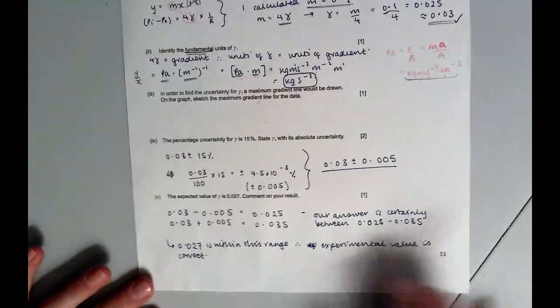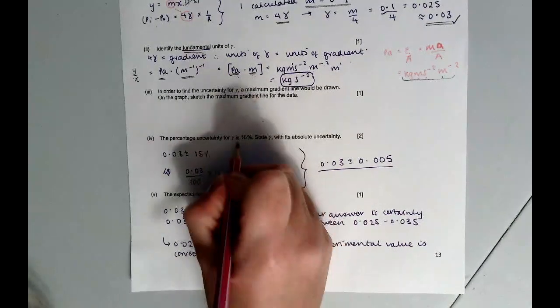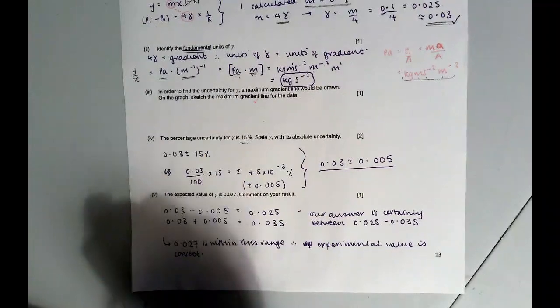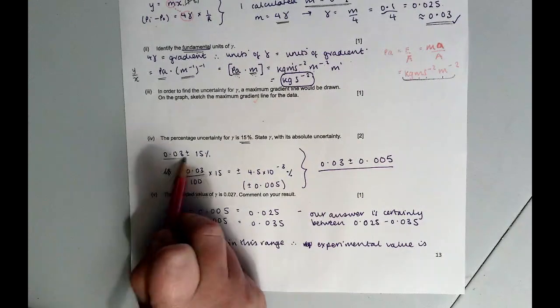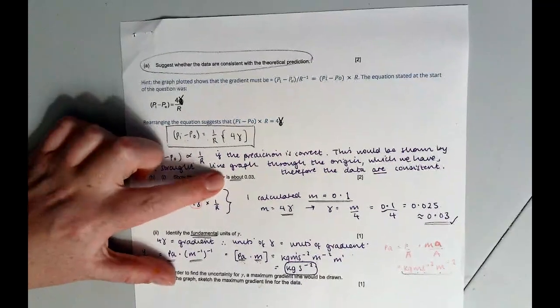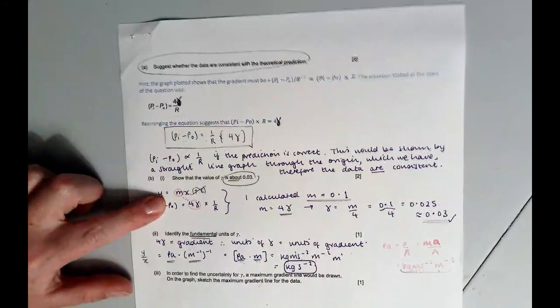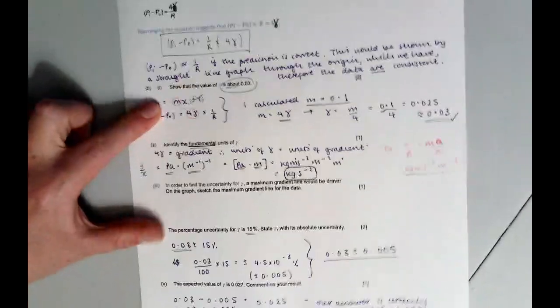Then we've got a percentage uncertainty question. It says that the percentage uncertainty is 15%. So state gamma with its absolute uncertainty. So we were told, even if we couldn't prove this, by the way, I'm just going to make a note for the exam. If you're given something like this and you can't answer this part of the question, it doesn't stop you from taking the value and using it down here.